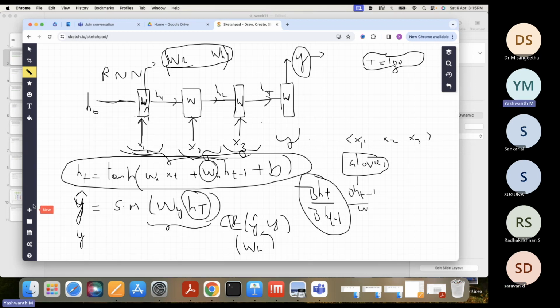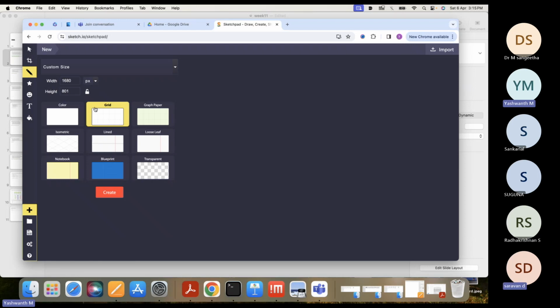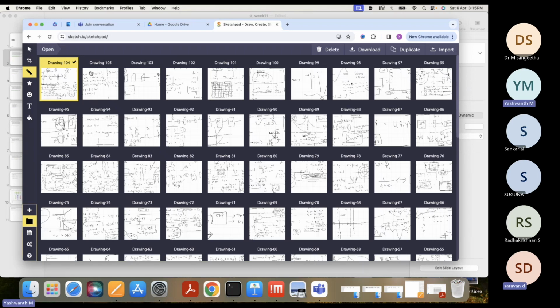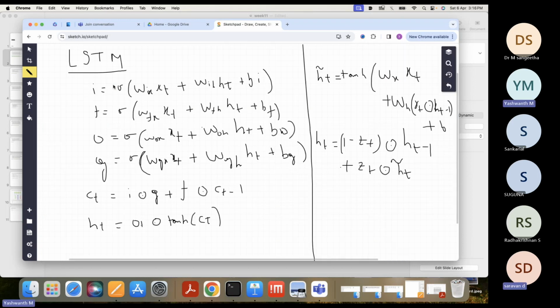Okay, so let's go to LSTMs and GRUs. So this is LSTM. What happens in LSTMs is you have these gates. Basically, these are the crucial updates.